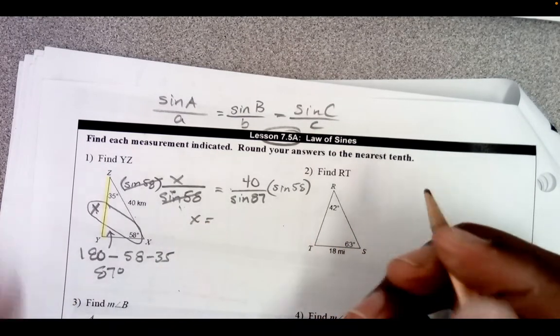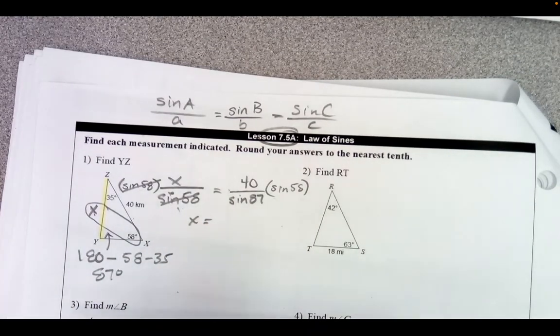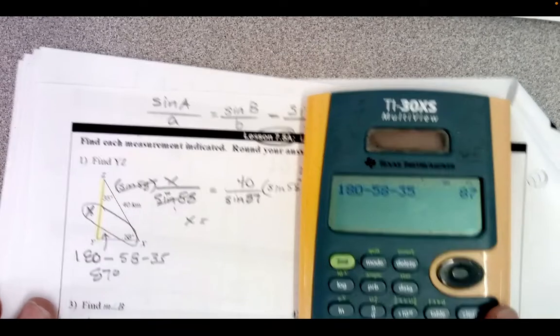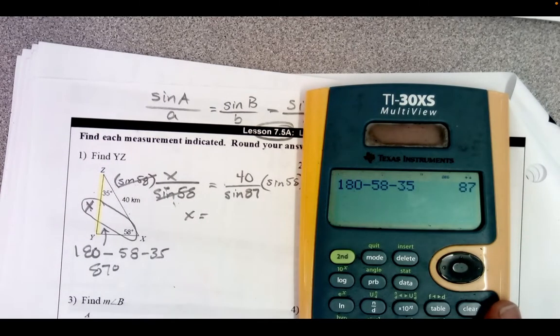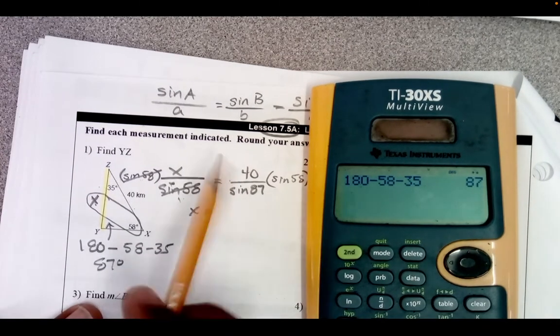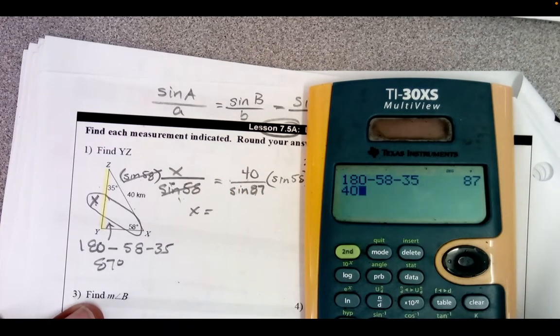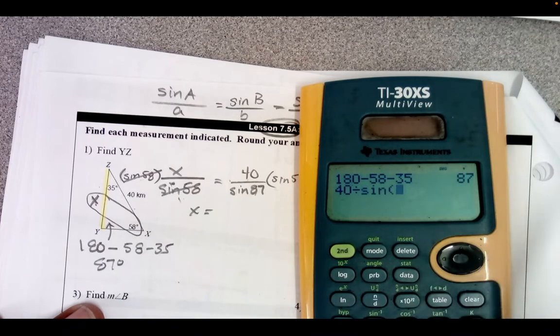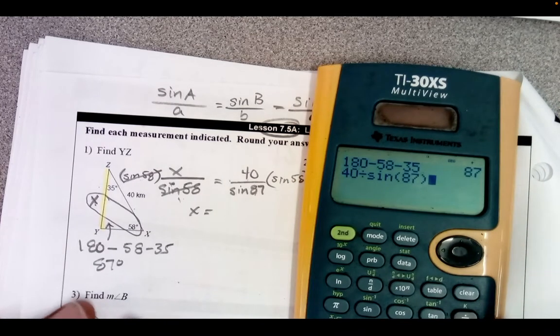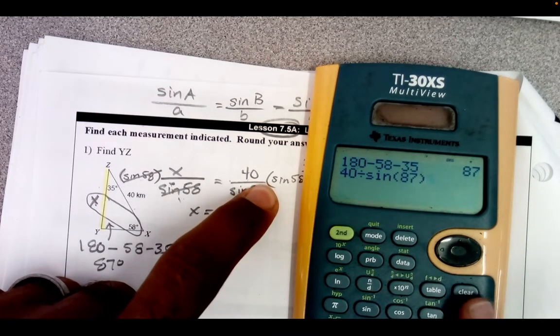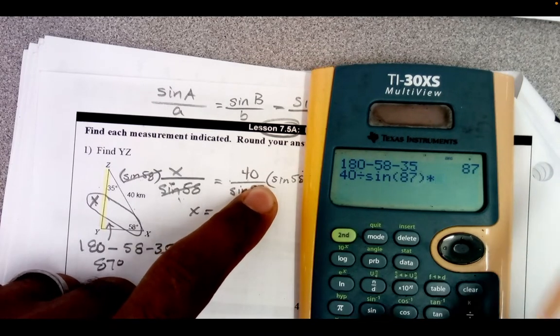And now here's the key, because I noticed a lot of you guys, even last week on the quiz, were setting things up correctly, but I have a feeling you're not inputting it correctly. What this says is 40 divided by sine of 87. So if I type 40 divide by sine of 87, then I'm multiplying sine of 58. So I hit multiply, sine of 58.